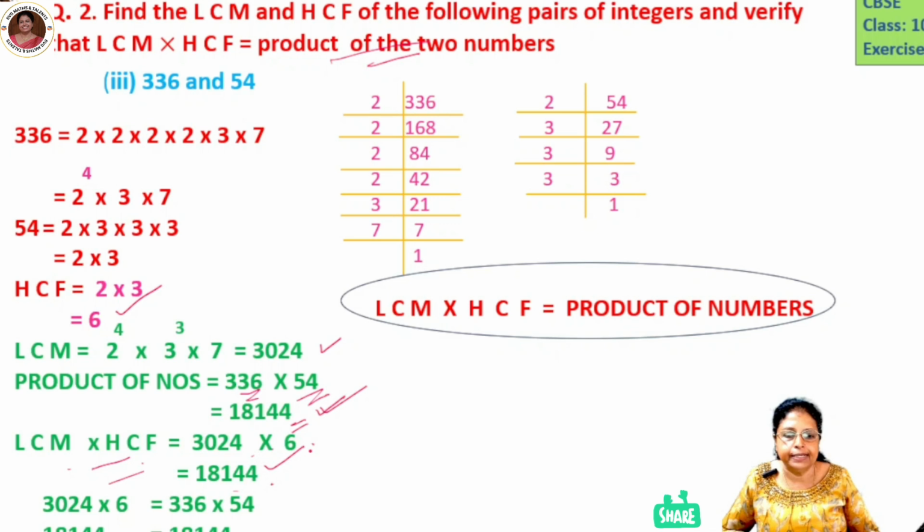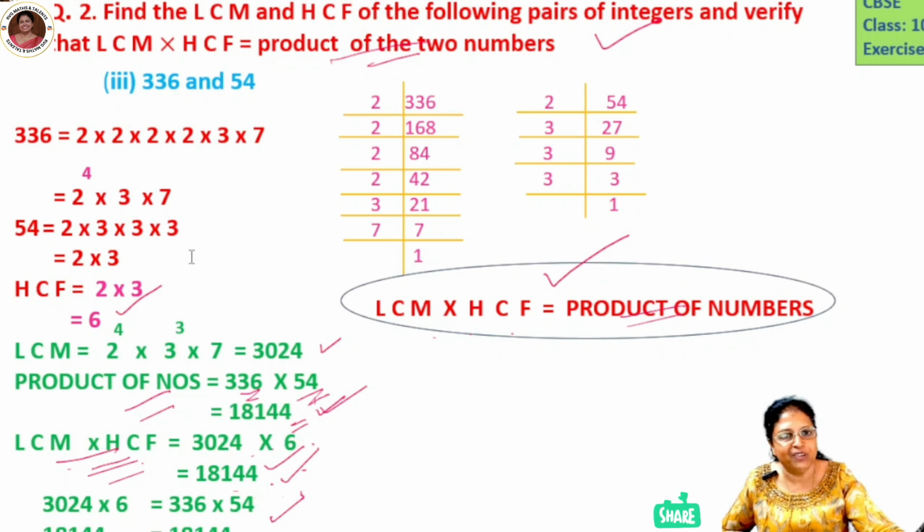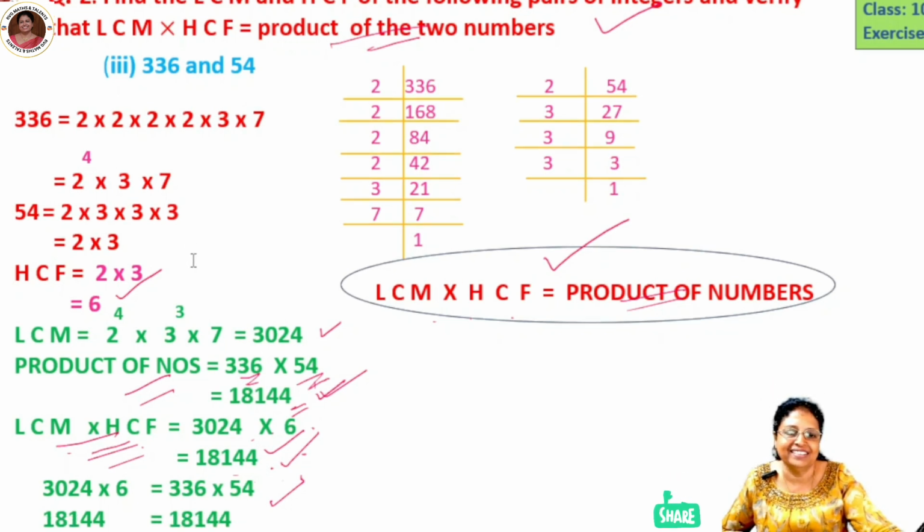That means both are equal. That means LCM times HCF is equal to the product of the numbers, and that is equal to 18144. So we have verified this relation: LCM times HCF equals the product of the numbers. Have you understood?